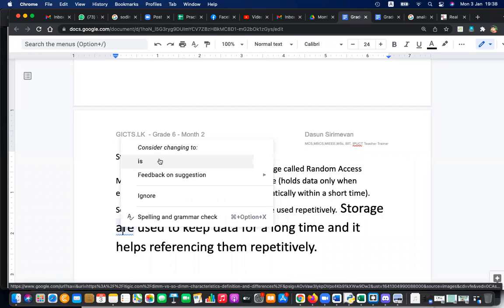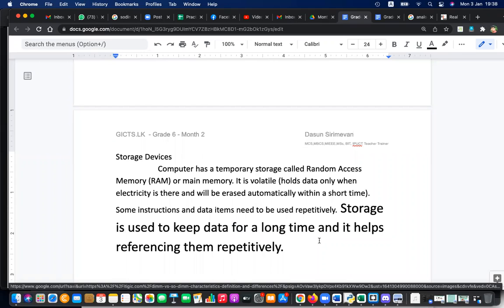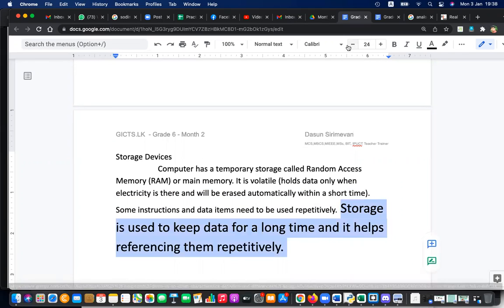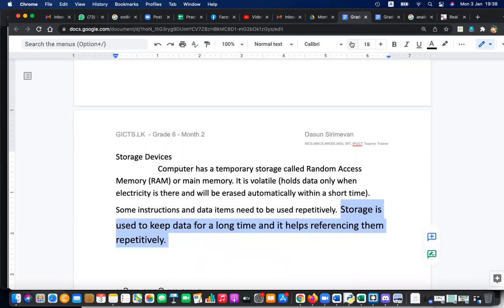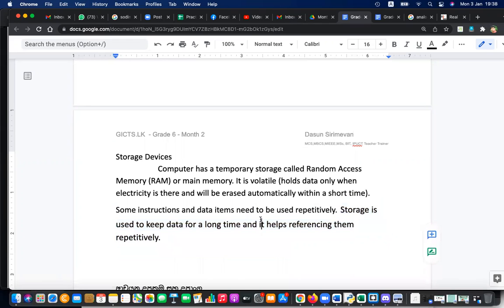Storage is used to keep data for a long time. So when you have storage, you can keep data for a long time, and it helps referencing them repetitively.